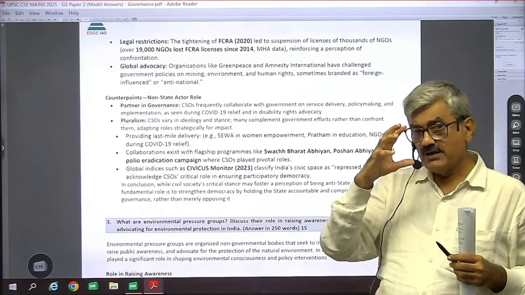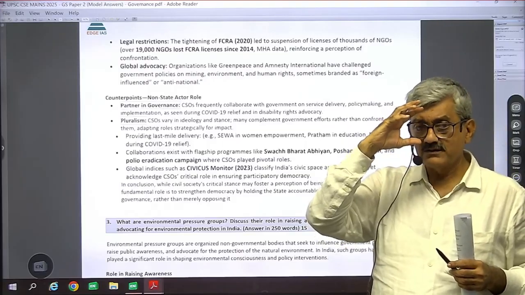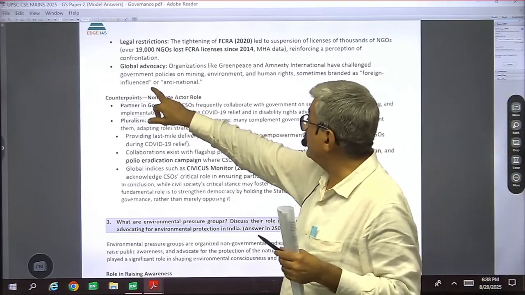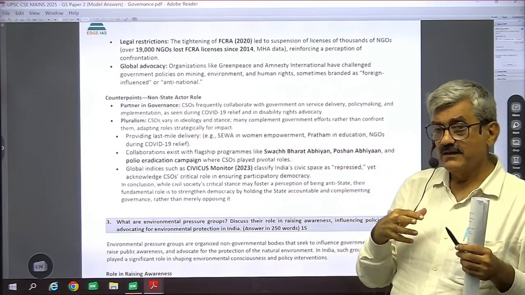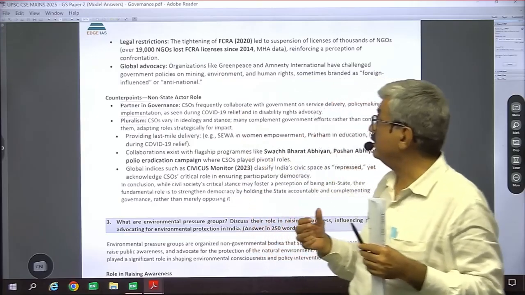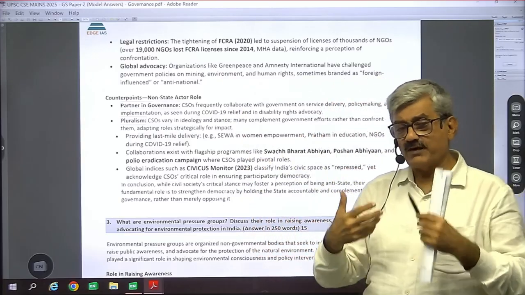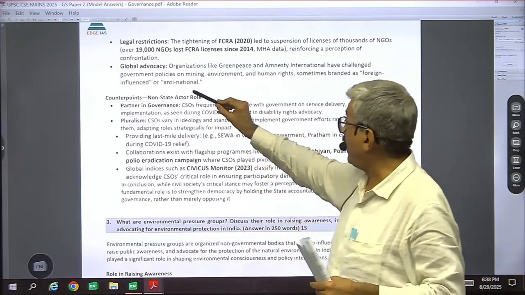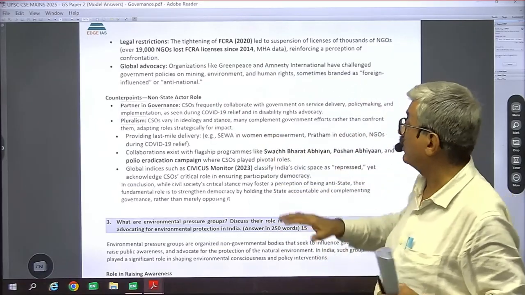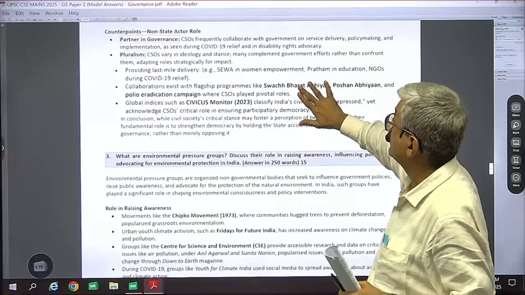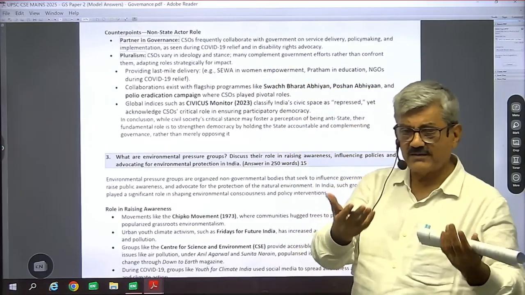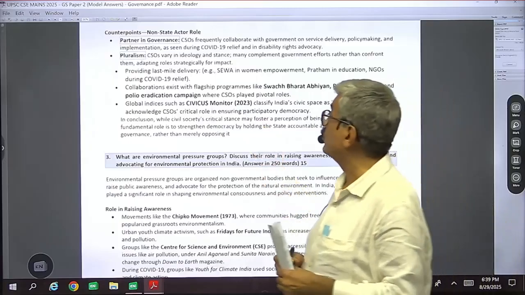So if the role of those CSOs has been found to be anti-government, influenced by foreigners, and anti-national, we definitely have to treat them accordingly. However, as non-state actors, they are in fact basically formed for this role only.